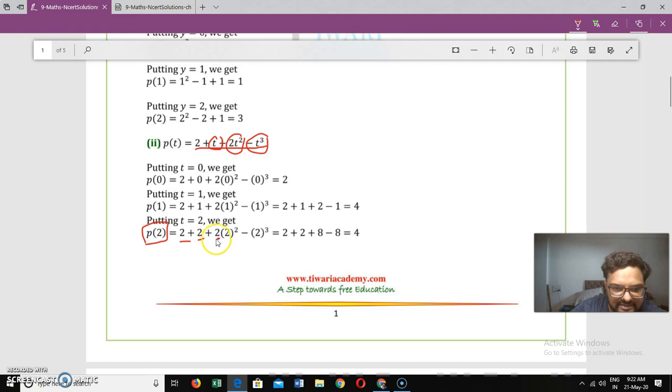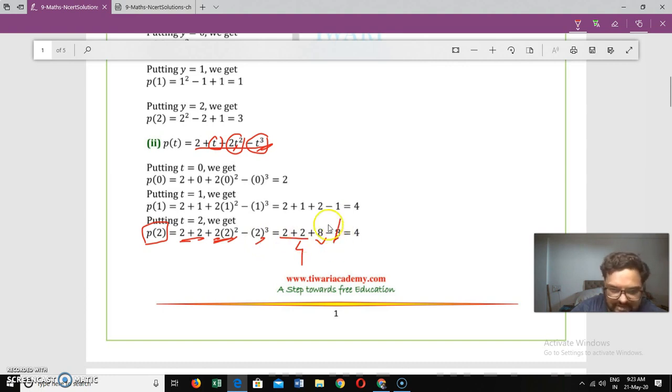This 2 is as it is. Again here t square is there. T square means 2 square. Minus here is t cube. In place of t, we'll write 2 cube. So 2 plus 2, all together make it 4. Then we have 2 square, that is 4, 4 2s are 8, so this is 8, and minus 2 cube means minus 8.